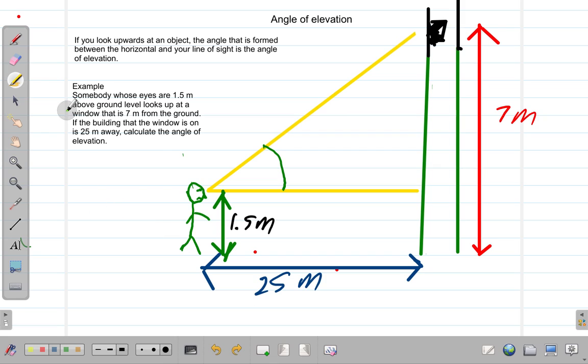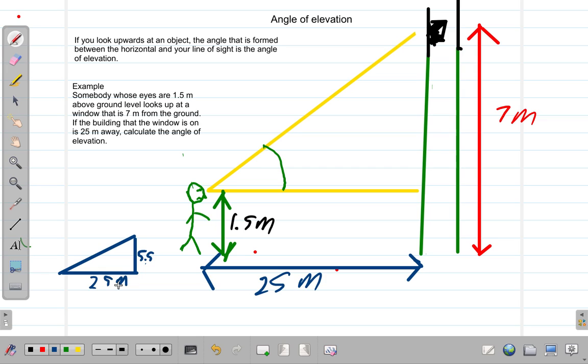Now, suppose I draw the triangle over here. Then this height of the triangle is going to be 7 minus 1.5, so it's really 5.5 meters, and this width is 25 meters.